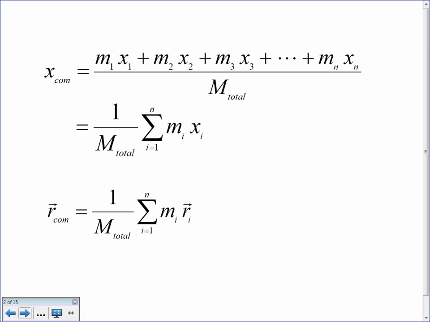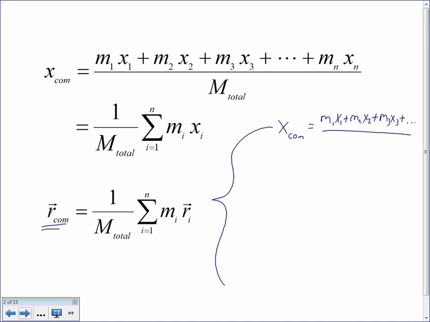So this equation, writing the center of mass as a vector, is actually 3 equations in one. It's saying that the x-coordinate of the center of mass is m1x1 plus m2x2 plus m3x3 divided by the total mass.